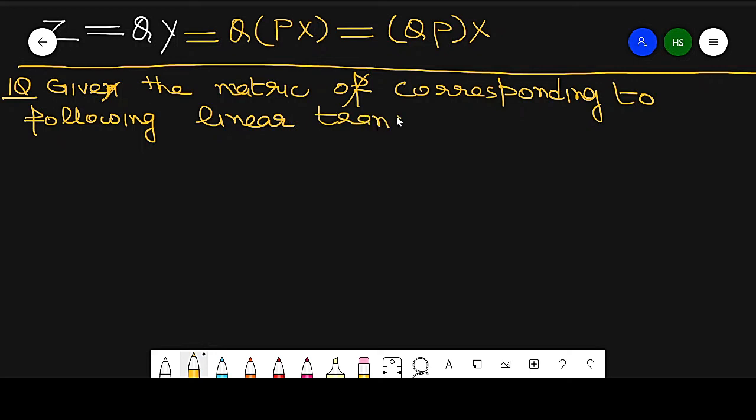So in this case the linear transformation is given and we want to find out the corresponding matrices.